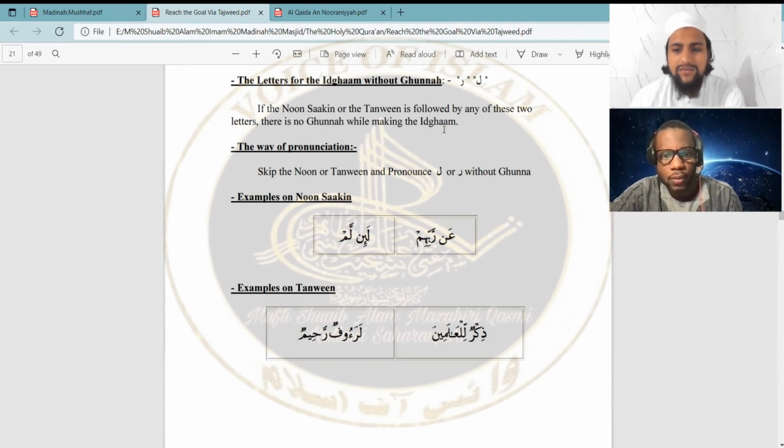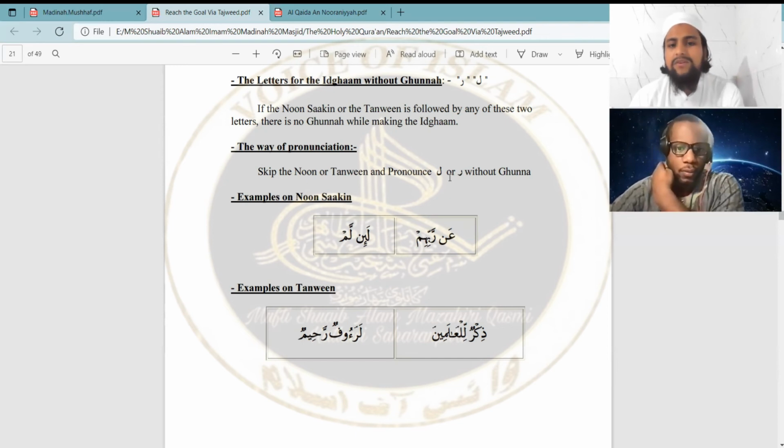You have to enter the tanween or nun sakin into a mutaharrik one. You have to merge, you have to mix, but you are not supposed to do gunna here. The way of pronunciation is skip the nun or tanween and pronounce lam or ra without gunna.